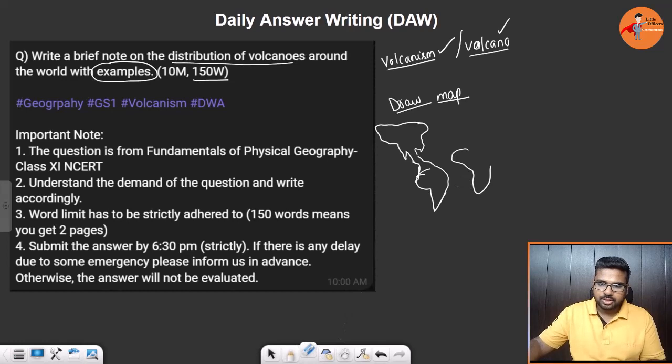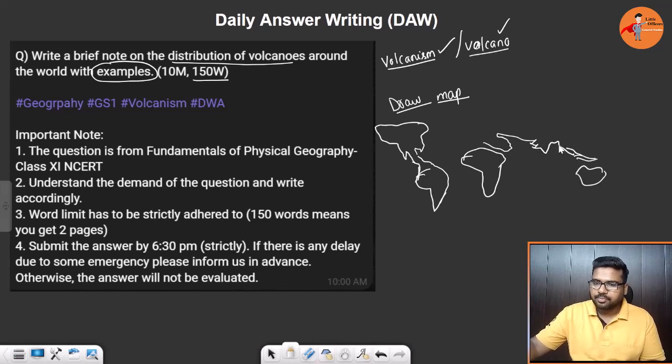It's supposed to be a little distance from here. Then your Africa. A rough diagram which takes less time in the exam. It should roughly be in the shape of, let's say, the world.